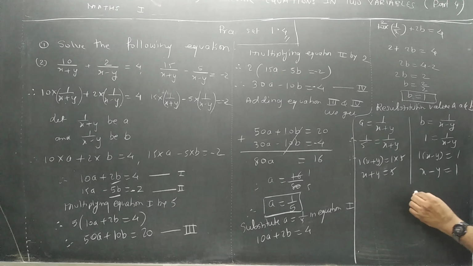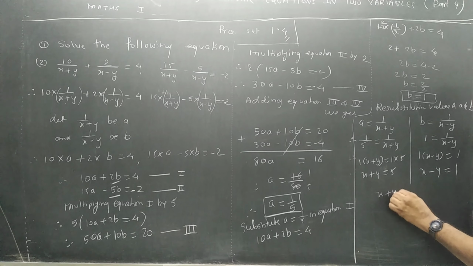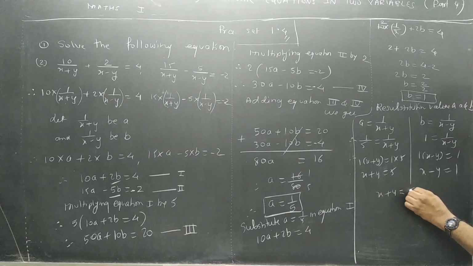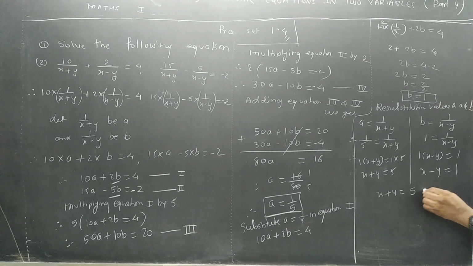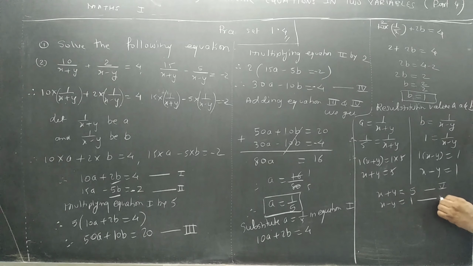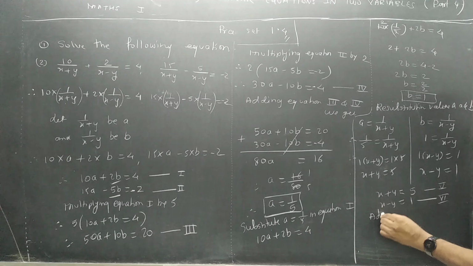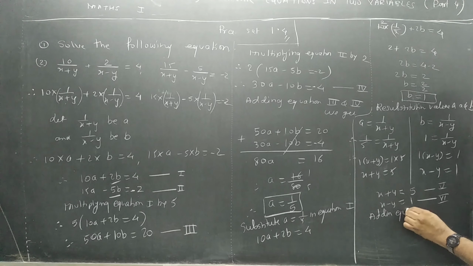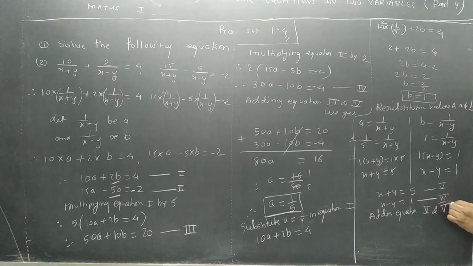So what I will do now, I'll take x plus y is equal to 5 as an equation. Up to now we are having equation 4. This will become equation 5. And x minus y is equal to 1, equation 6. So now we are having the same coefficients. What am I going to try? Adding equations 5 and 6.